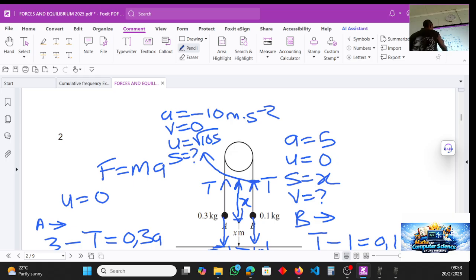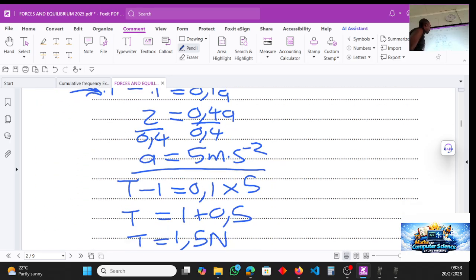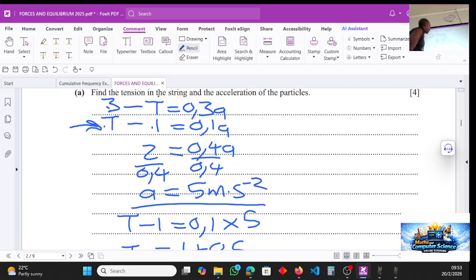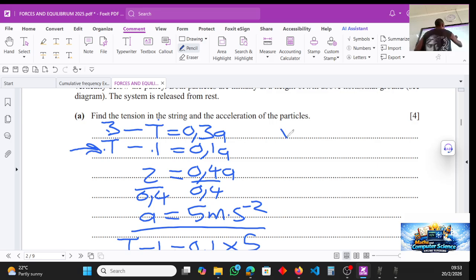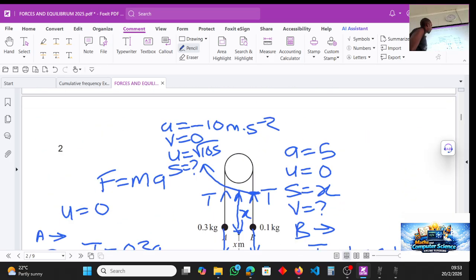So what do we want here? We are interested in s, the distance that it will cover. So with that in mind, I'll come down and say, all right, I've got a final velocity of 0, initial velocity of root 10s.